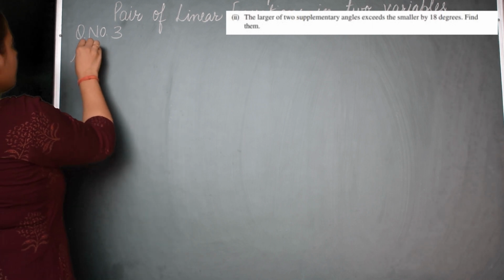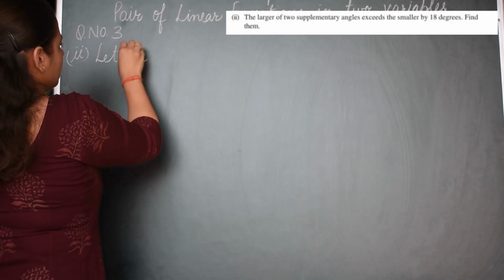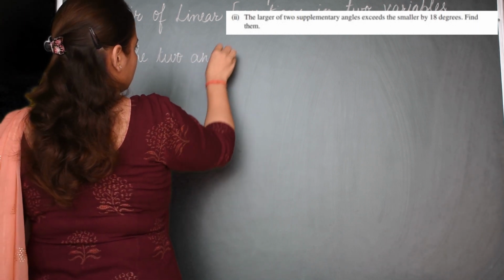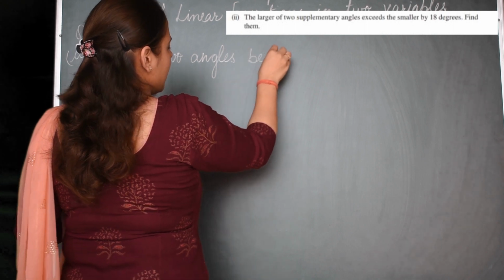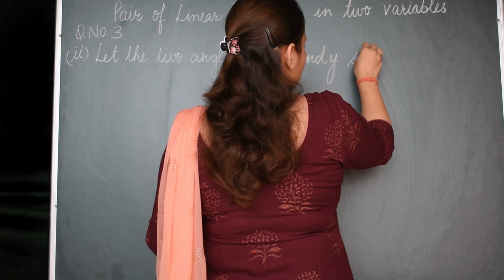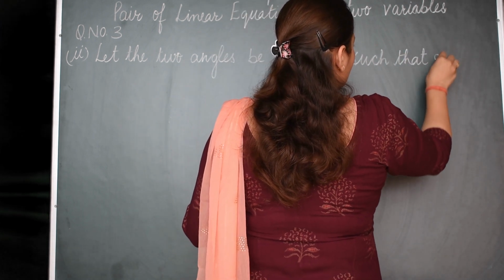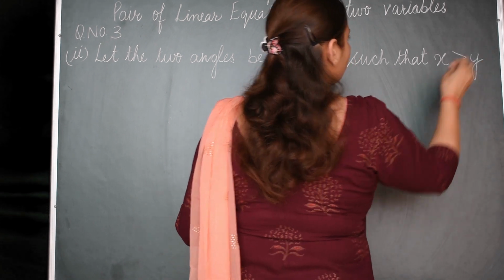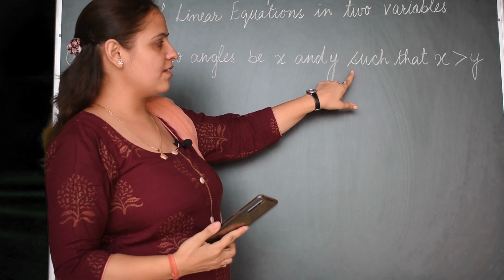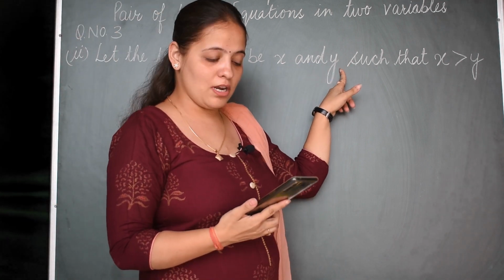That is, let the two angles be x and y such that x is greater than y, because here we are considering two angles, that is x and y. So x is the greater angle and y is the smaller angle.